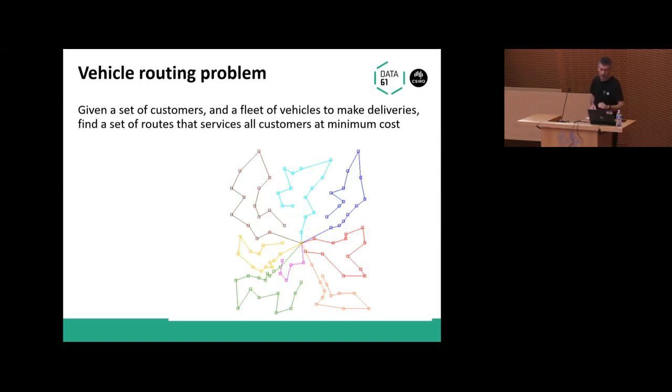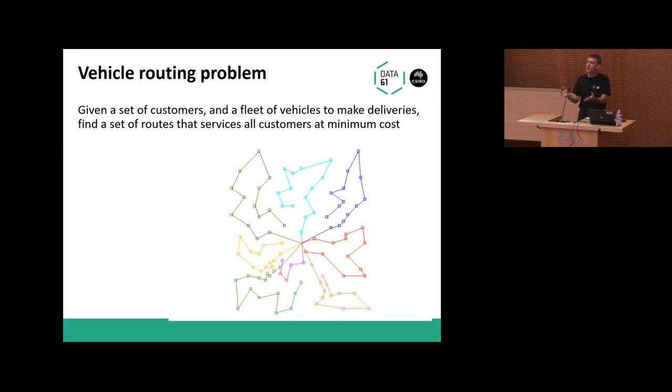Okay, so what is the vehicle routing problem? So the classic statement is you give me a set of customers, each of whom needs some sort of service, or a visit to deliver some goods, or a maintenance scheduler who has to repair your lifts or whatever.